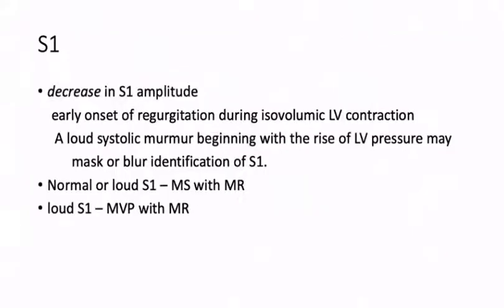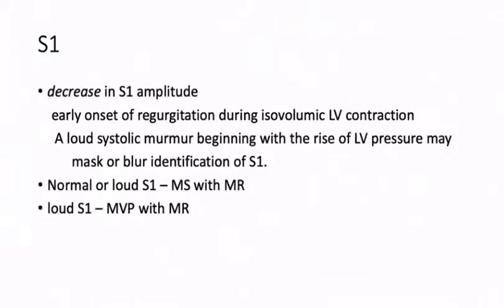Coming to the S1, as described by my previous presenter, S1 is decreased in amplitude because the regurgitation starts from the isovolumetric phase itself, so the murmur will mask the S1 amplitude.